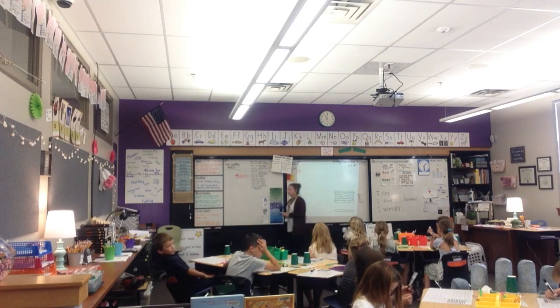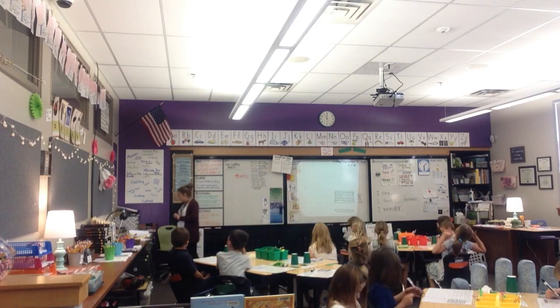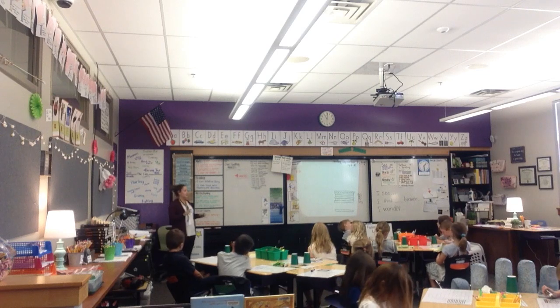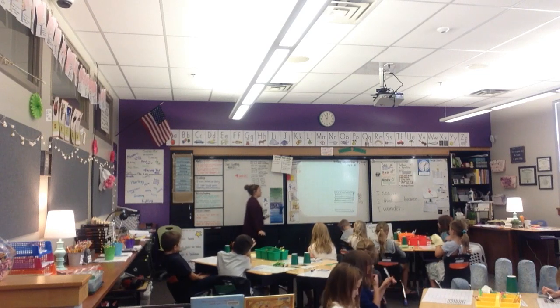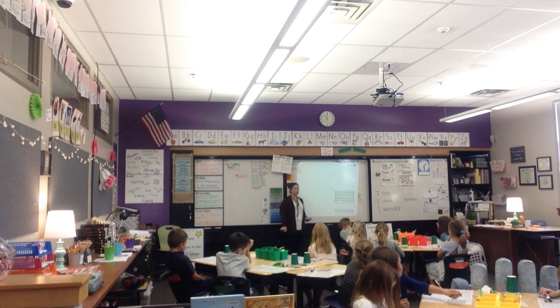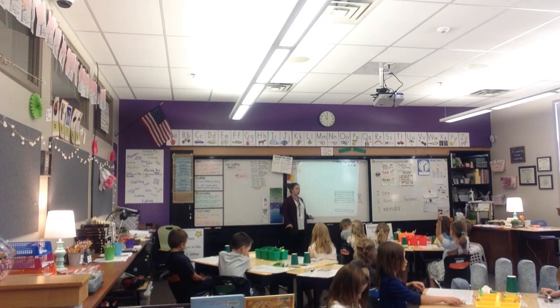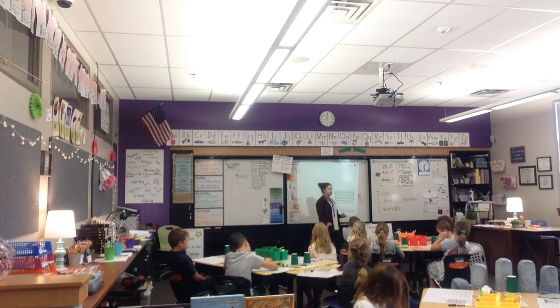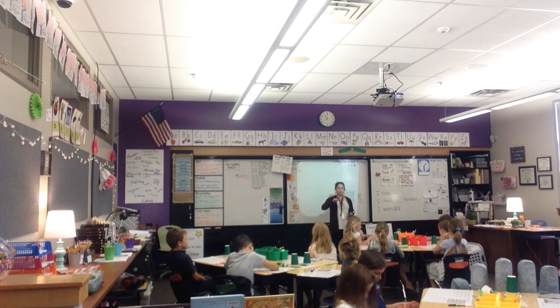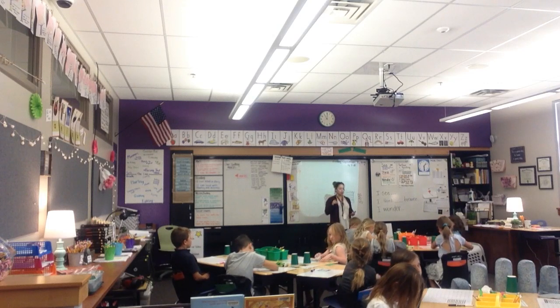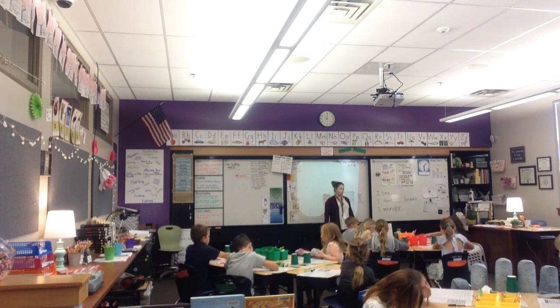Okay. So now what we're going to do, guys, is I'm going to write up a number that's less than 100. And on your boards, on the other side, if you erase this side, there's a big blank area.